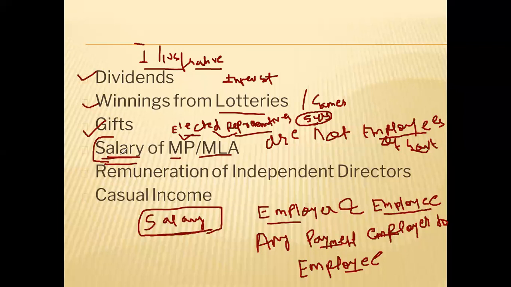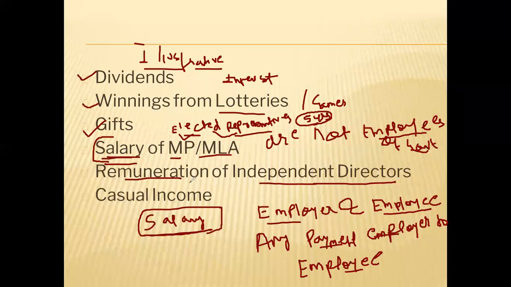It will be taxed under income from other sources. Similarly, remuneration of an independent director: independent directors are also not employees of the company. So any payment made to independent directors will also be taxed under income from other sources.